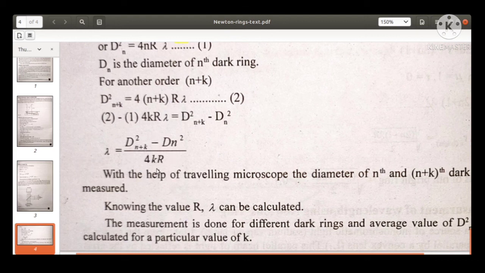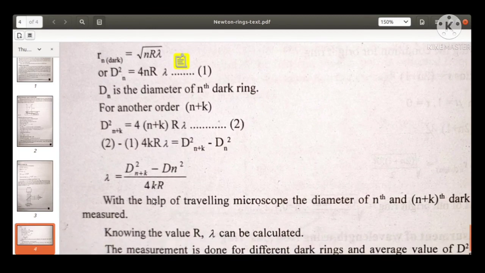So knowing all these values, we can find the wavelength of the given light. This is how we measure the wavelength of a given source of light using the Newton's ring apparatus. Okay, so this is about Newton's rings. Thank you.